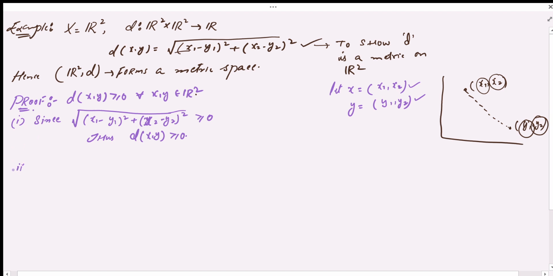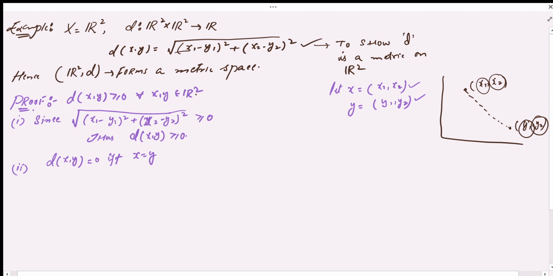Now in the second condition, what we need to show is that d(x, y) is equal to 0 if and only if x is equal to y. In order to prove this result, let us suppose we put d(x, y) equal to 0.